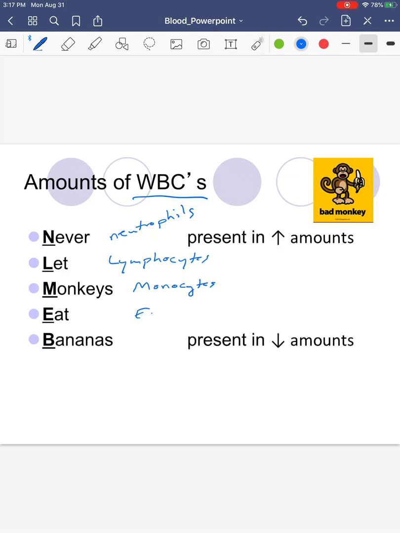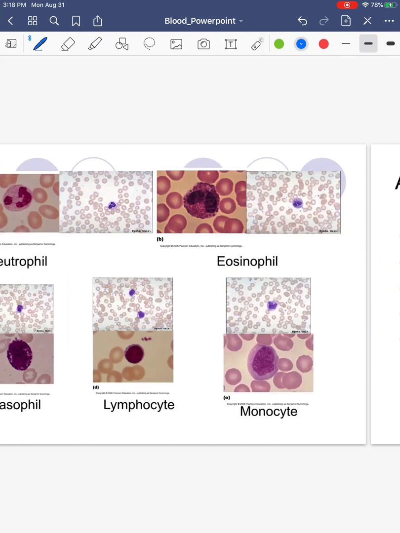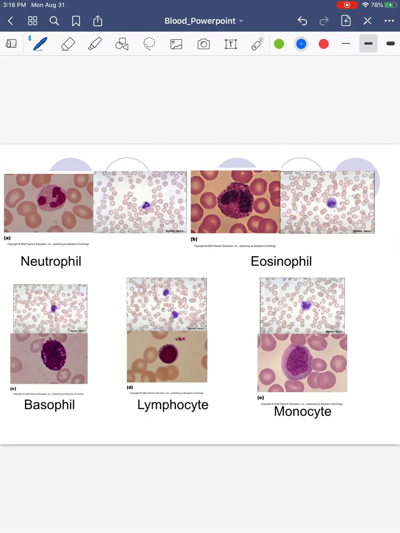We'll have not very many eosinophils, and the very least, very, very few under normal healthy circumstances, are basophils. So one way to remember that is Never Let Monkeys Eat Bananas. See? Good stuff, right?